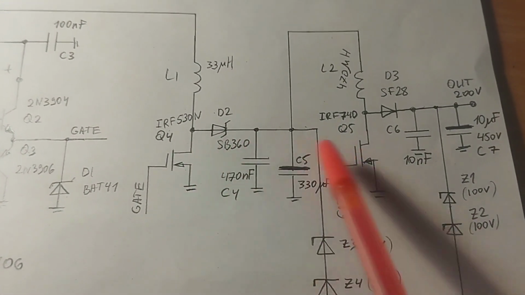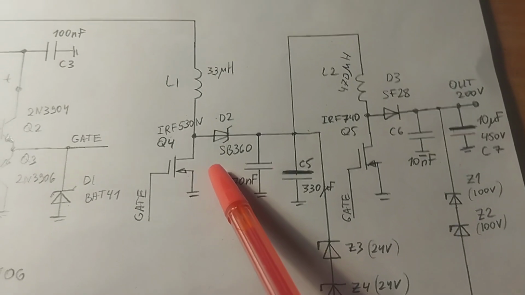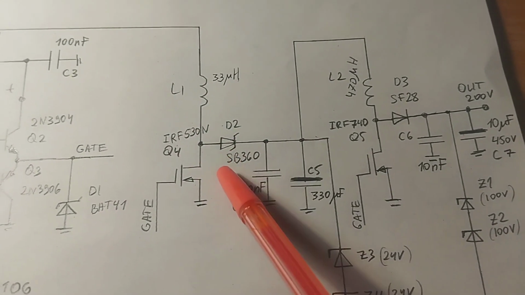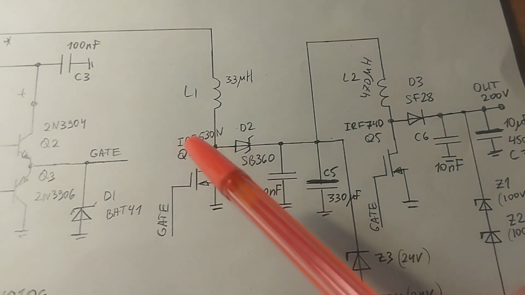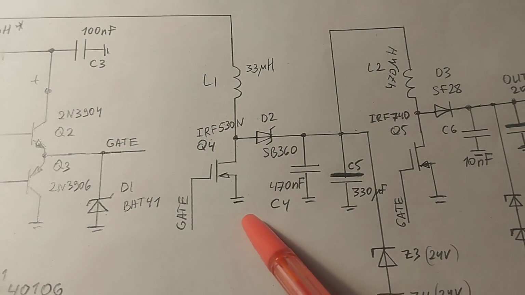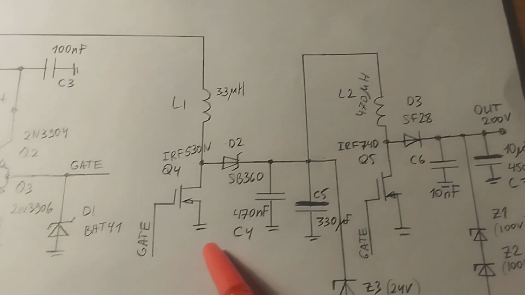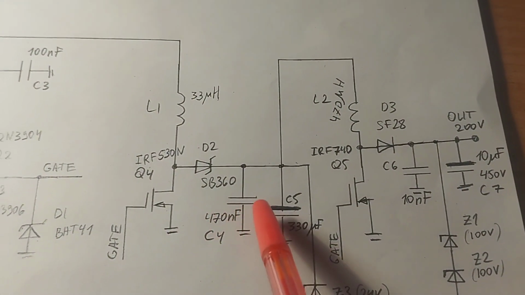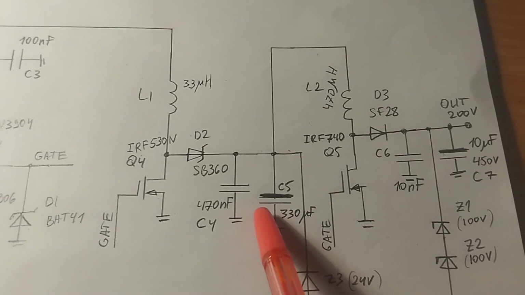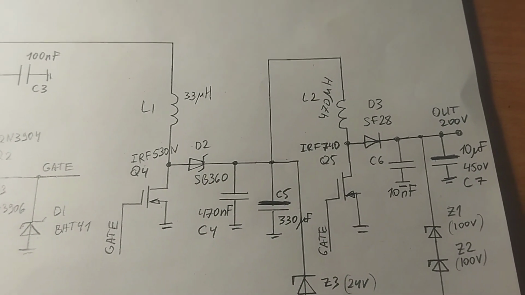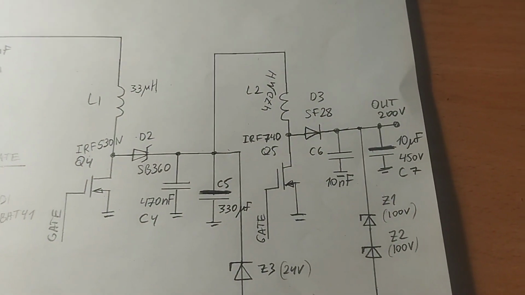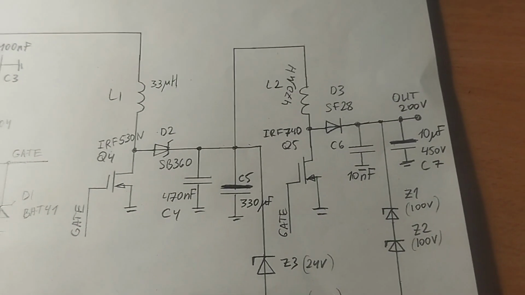I use two stages because when we have one stage to boost voltage from 12 volts to 200 volts, we have very short pulses on the output, and it reduces efficiency.